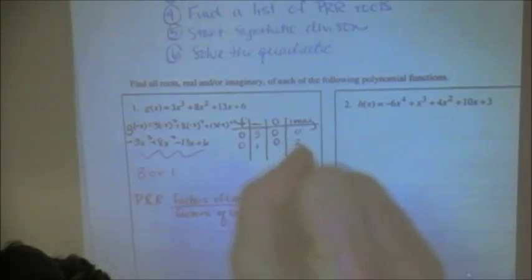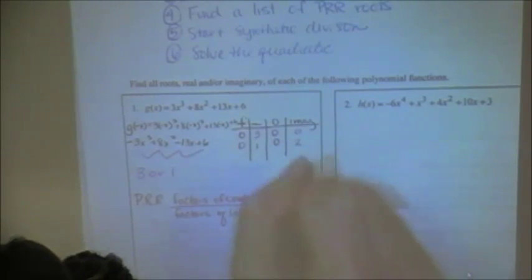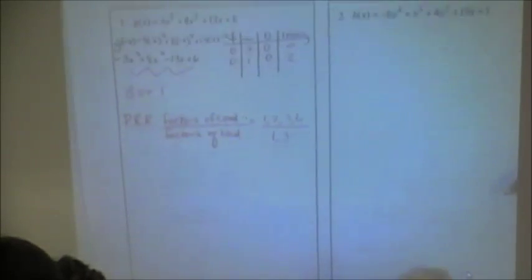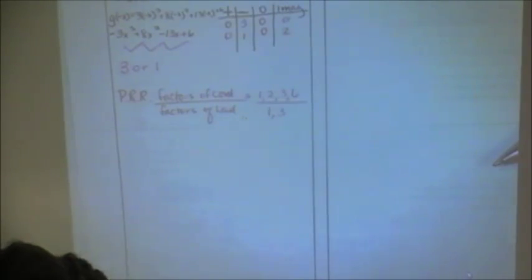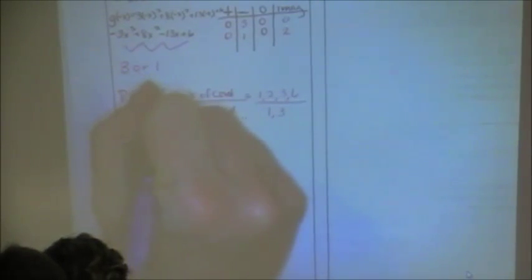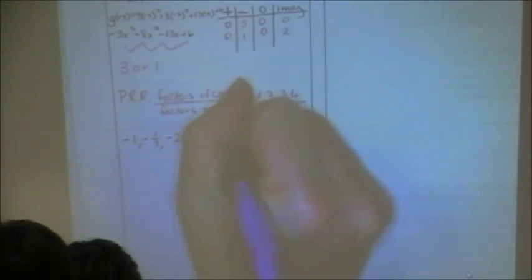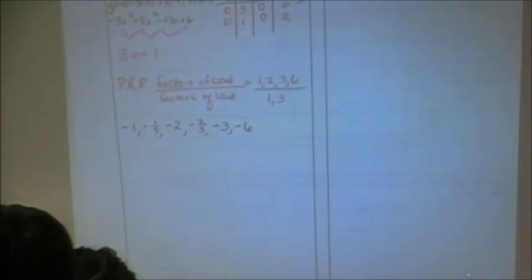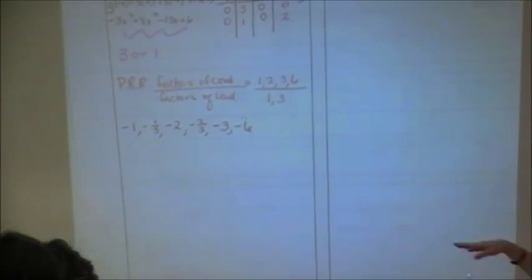So 1, 2, 3, 6. That is not a bad list at all.